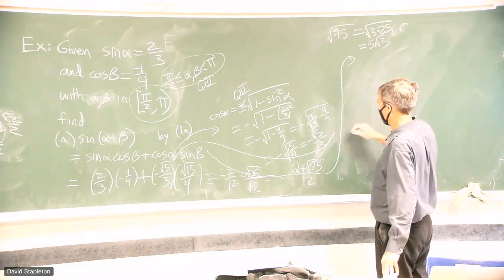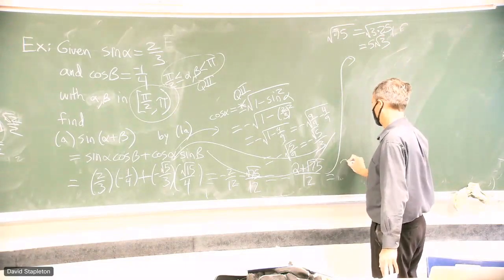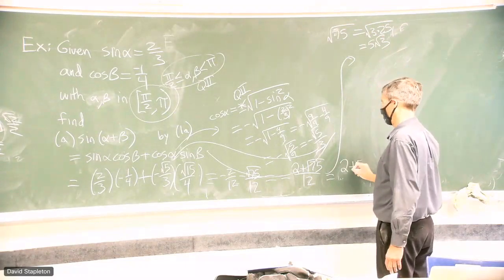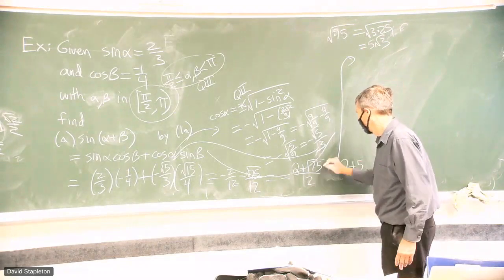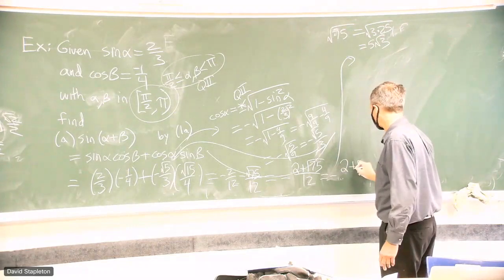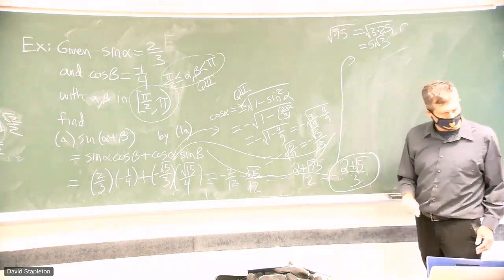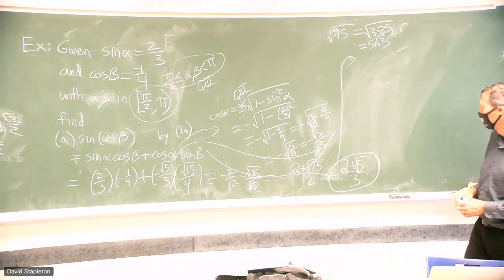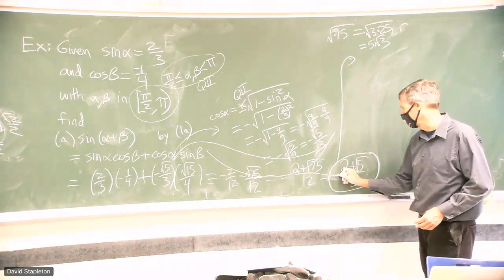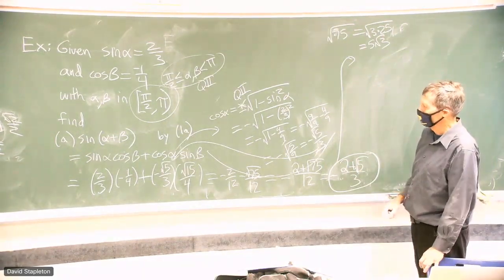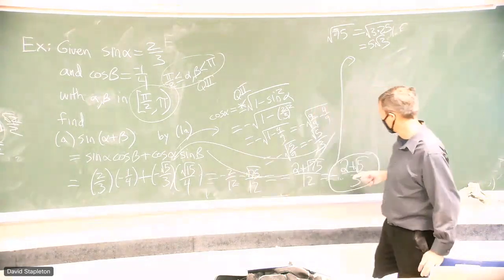So you want to rewrite this as minus 2 plus 5 square root of 3, all over 12. So lots of hard algebra in this stuff. You don't want to leave it like that, right? That's a mess.